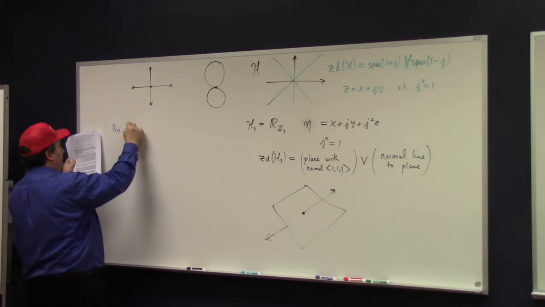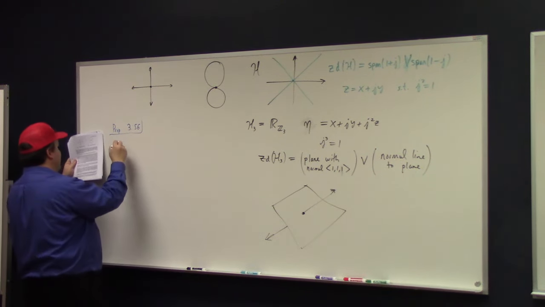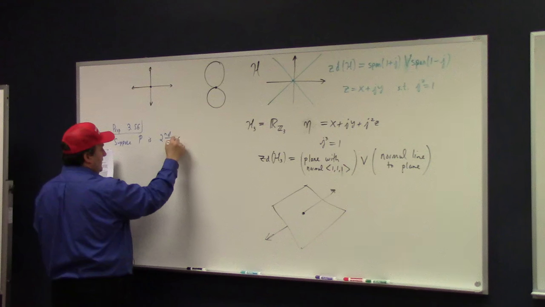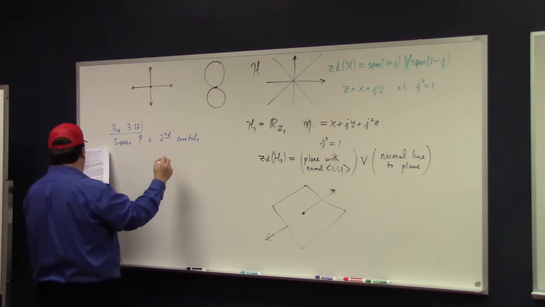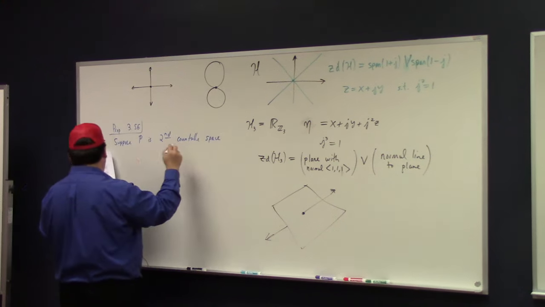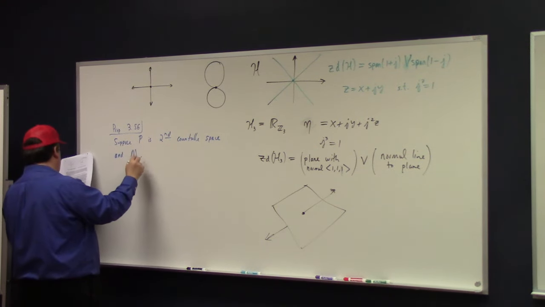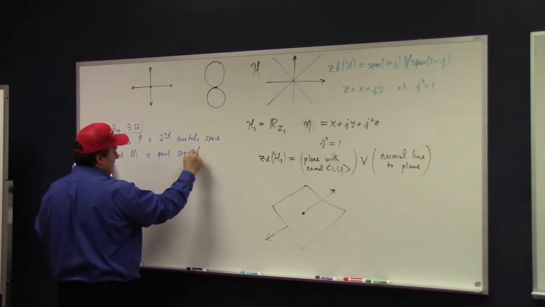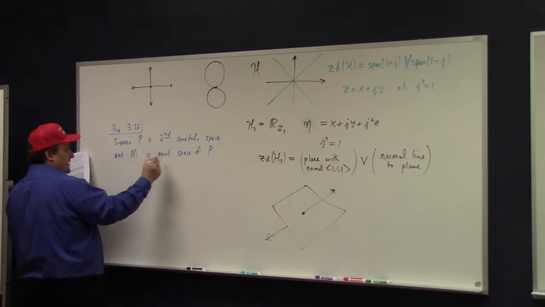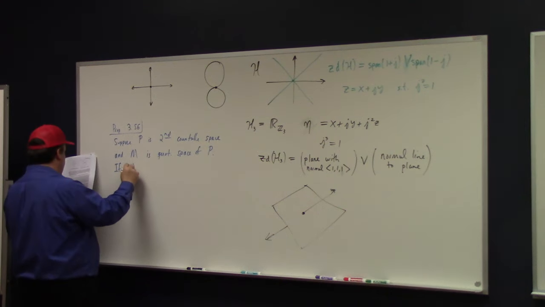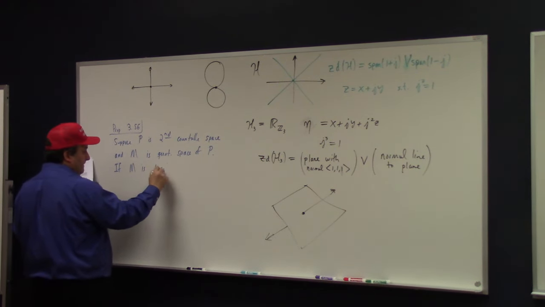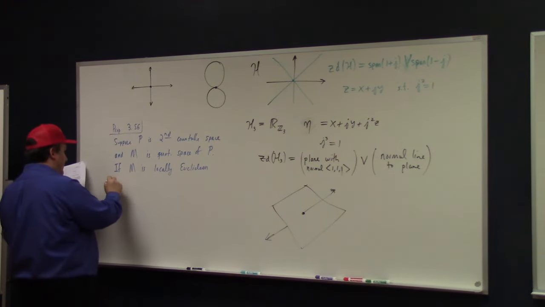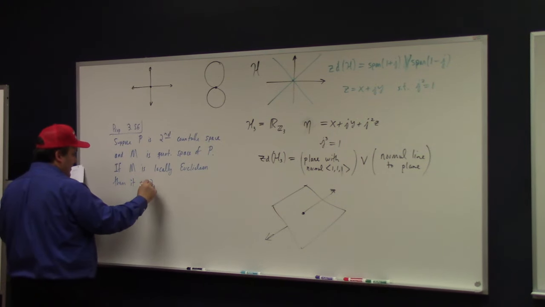Proposition 3.56 says suppose P is a second countable space and M is a quotient space of P. If M is locally Euclidean, then it is second countable.